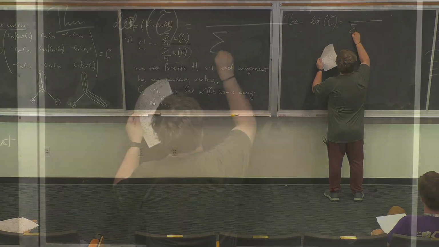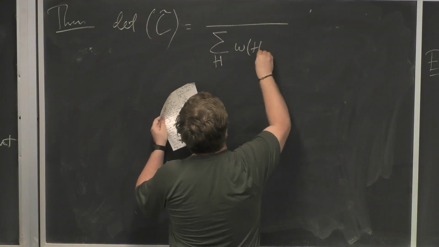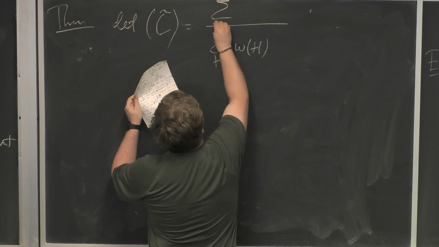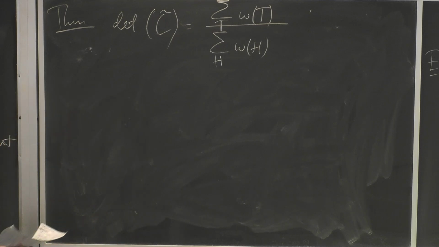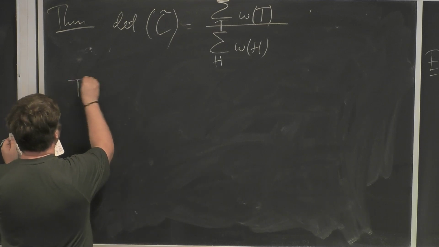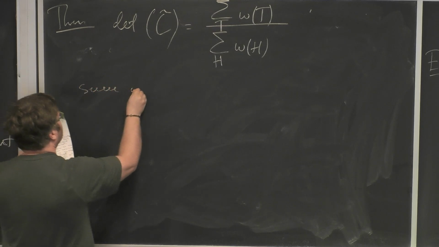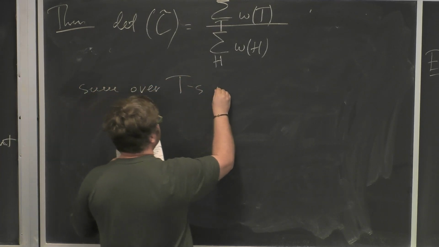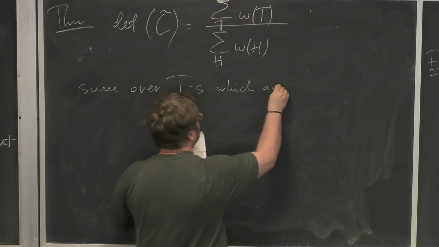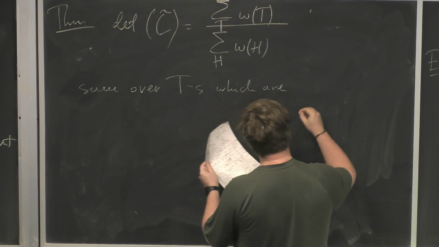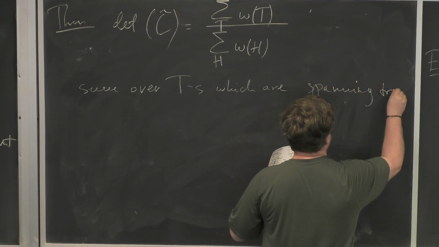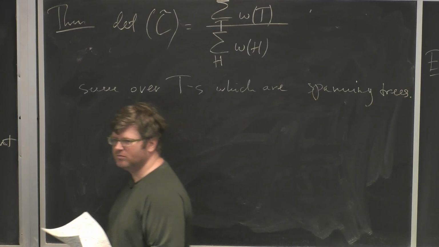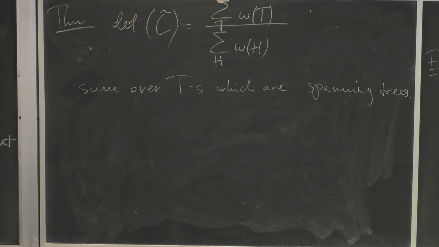It's a sum of some animals H, weight of H, over sum of some animals T, weight of T. H turns out to be the same animals as before, and T's are spanning trees of our graph. Somehow now all the boundary vertices have to be in the same component, so we have a spanning tree.